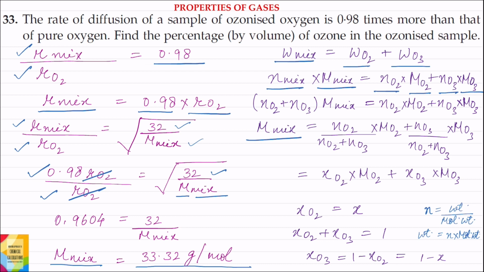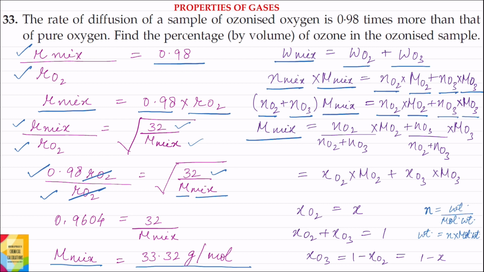Now, the number of moles of the mixture is equal to the number of moles of oxygen plus the number of moles of ozone. So writing the expression, number of moles of oxygen plus number of moles of ozone, times the molecular weight of the mixture, is equal to the number of moles of oxygen times the molecular weight of oxygen plus the number of moles of ozone times the molecular weight of ozone.